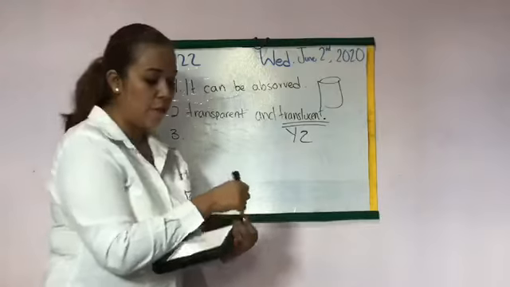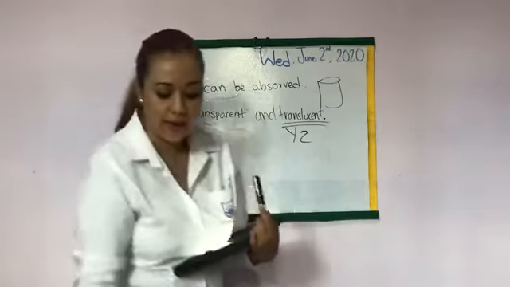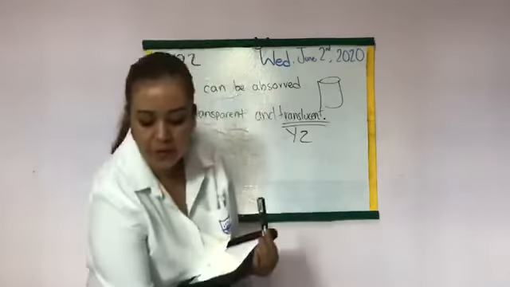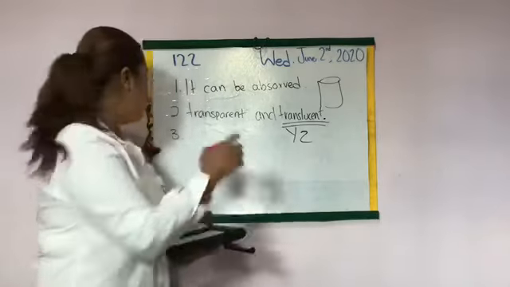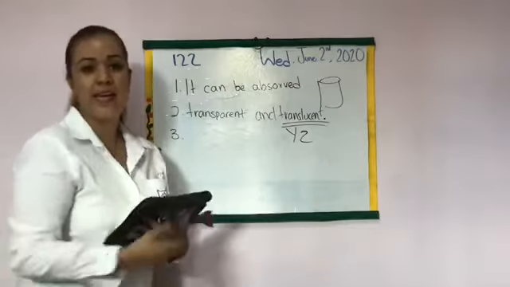What is something opaque? As I give you the example here, this is opaque and this is a completely transparent one. So how can you describe this? What is an opaque object? Number three, things we cannot see through.